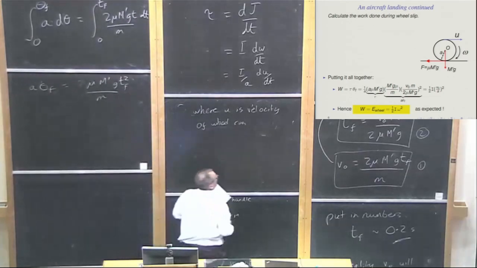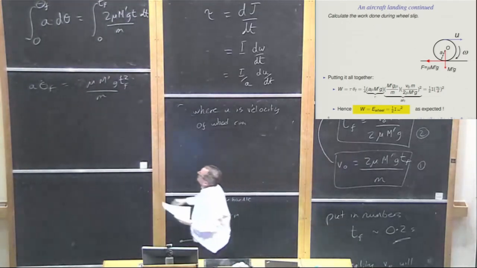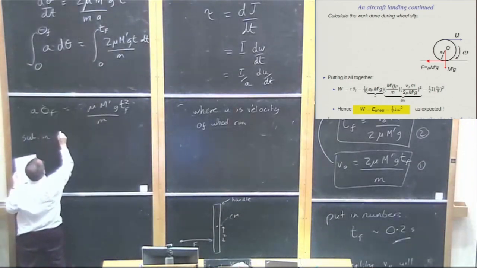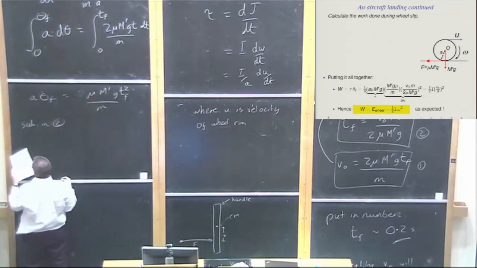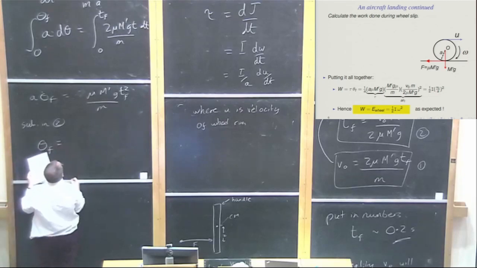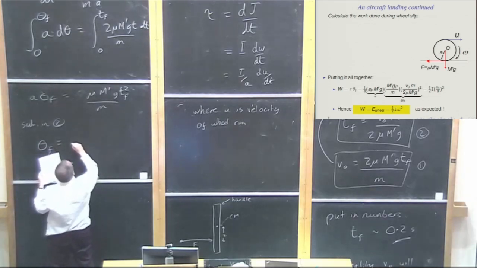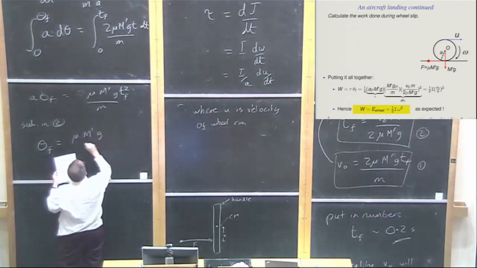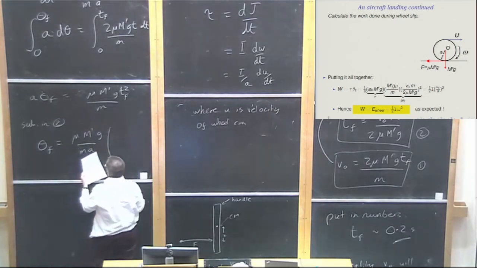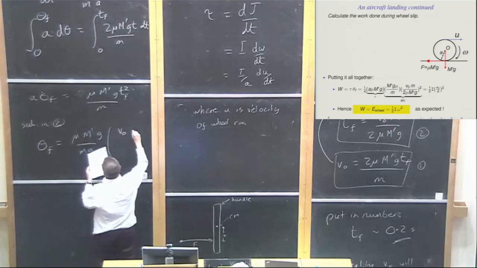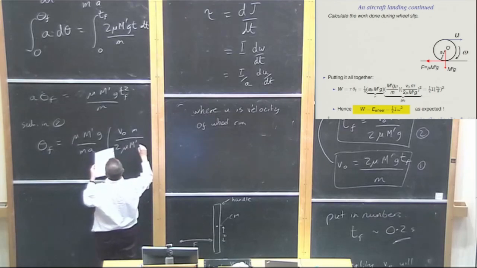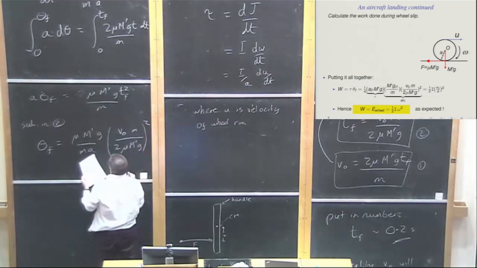And tf we know, that's expression 2, so substituting in 2, we find that theta f is given by mu m prime g over little m a times v0 little m over 2 mu m prime g, all squared.